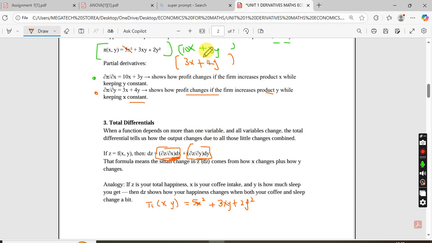When we partially derived x, we got 10x plus 3y. So you're just going to put here 10x plus 3y in brackets, then outside the brackets you put dx, plus the partial derivative of y, which was 3x plus 4y.